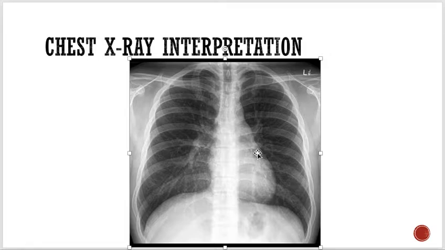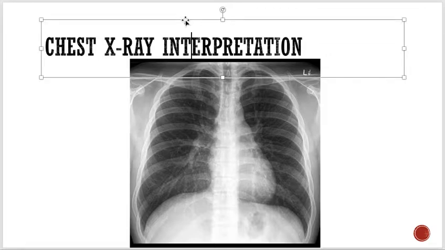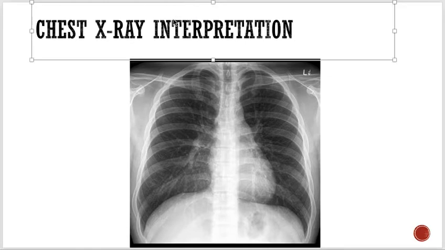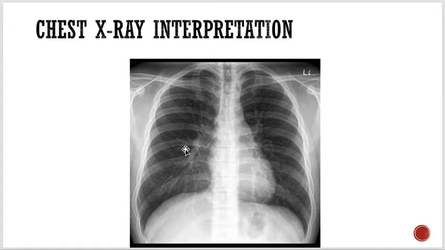Now, how to be confident in deciding whether the X-ray film you are seeing is a normal chest X-ray, or how to catch the abnormality. And remember this thing, that an X-ray is a two-dimensional representation of a three-dimensional structure. This is the X-ray film which you can see.